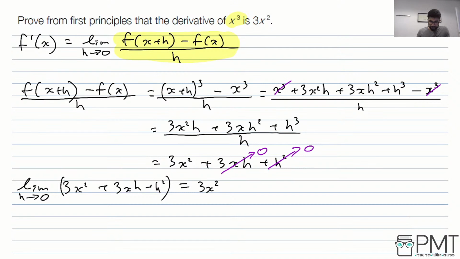So that again shows the same as what we wanted to get to at the beginning of the question. So that's saying the best gradient or the best tangent that we can draw, which will have 0 h value, is going to be 3x squared.